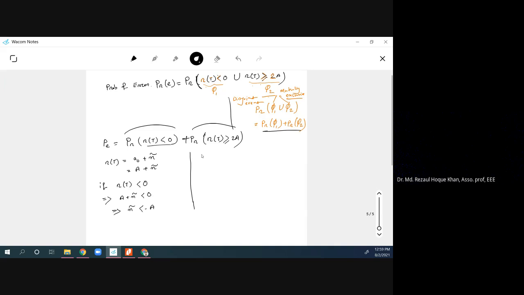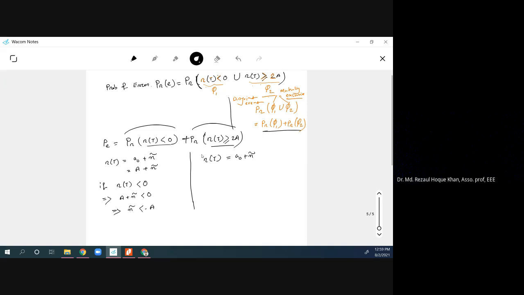For this one, again RT equals A0 plus n tilde, and RT is greater than twice A, right?